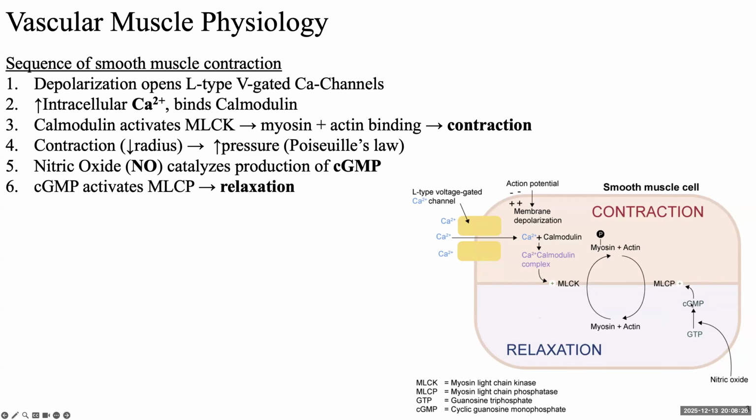Cyclic GMP will then activate myosin light chain phosphatase, or MLCP, and this helps facilitate relaxation by undoing the myosin actin binding. All right. So again, some key things in play. Calcium, as usual, involved in a lot of things. Nitric oxide, cyclic GMP. So keep those in mind.